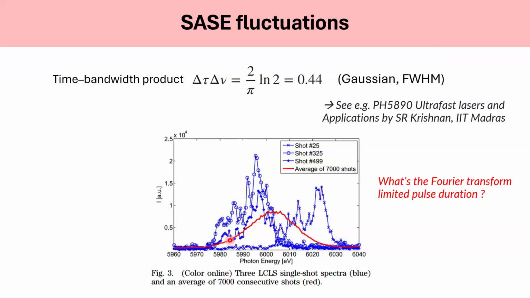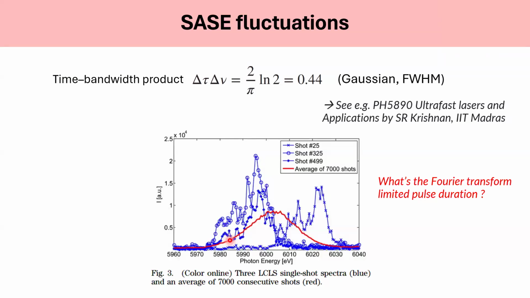Is it 10 to the minus 11 seconds? So that would be 10 picoseconds, right? A picosecond is 10 to the minus 12. Yeah, 10 picoseconds. It's probably a guess, but it's way off.